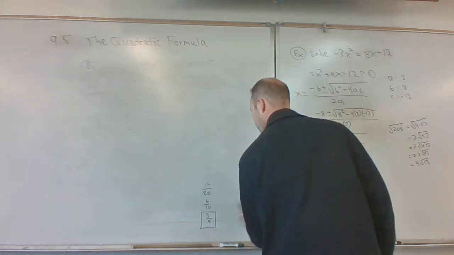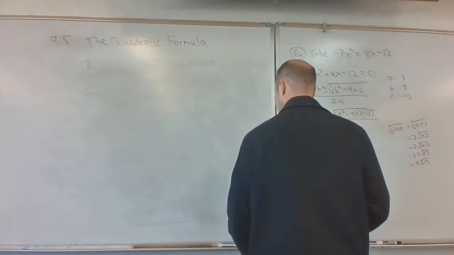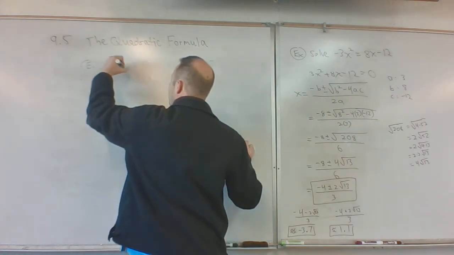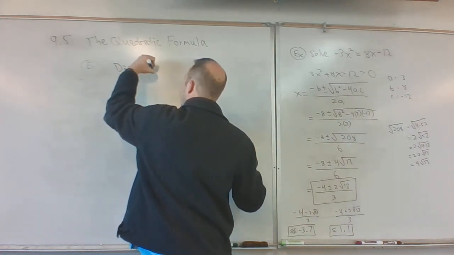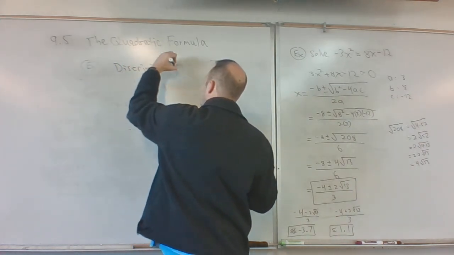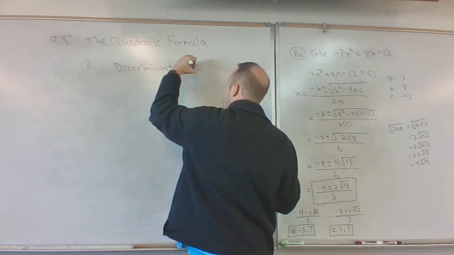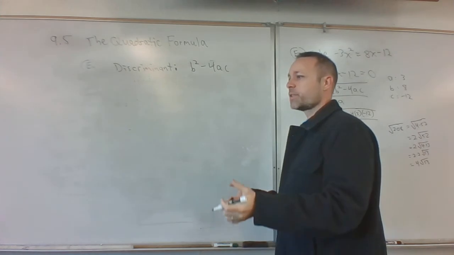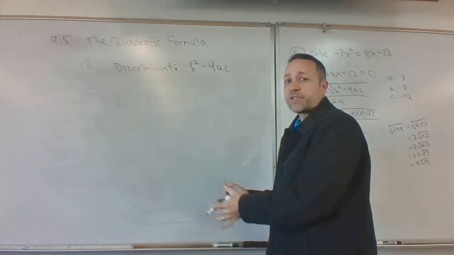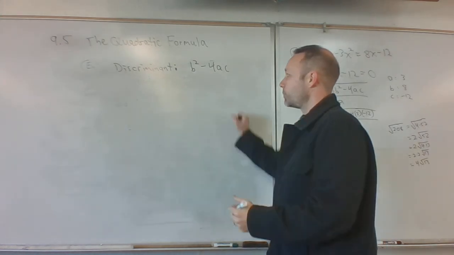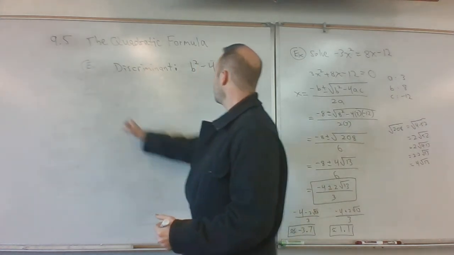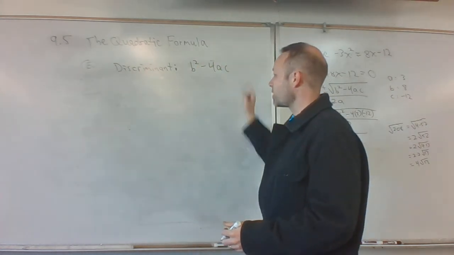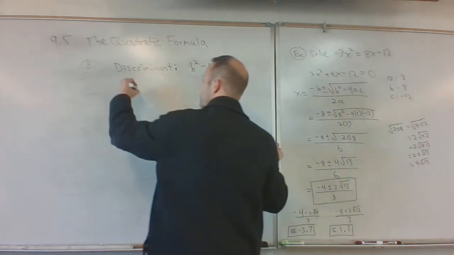You have a nice little reference area. The discriminant is b squared minus 4ac. The discriminant is the part of the quadratic equation that is inside the square root. That's the discriminant.